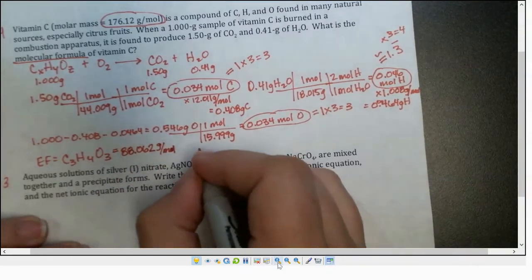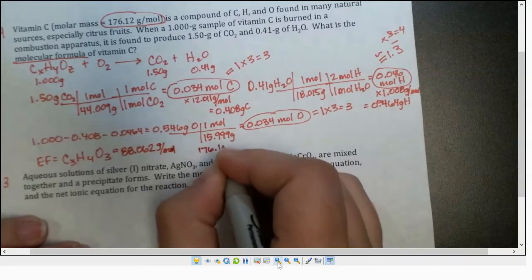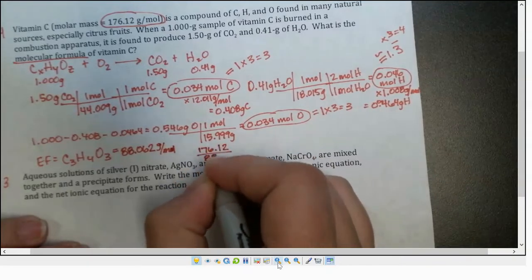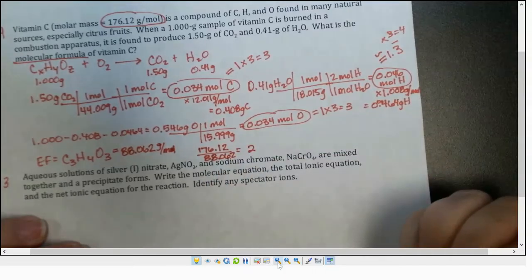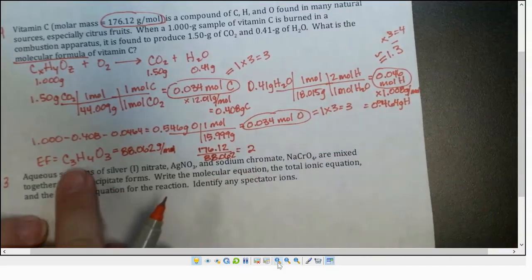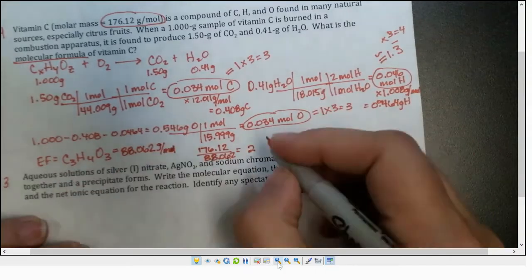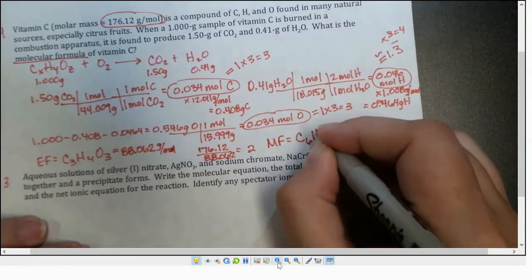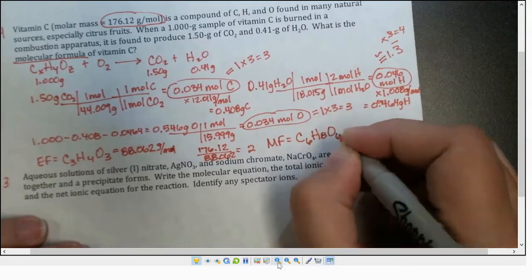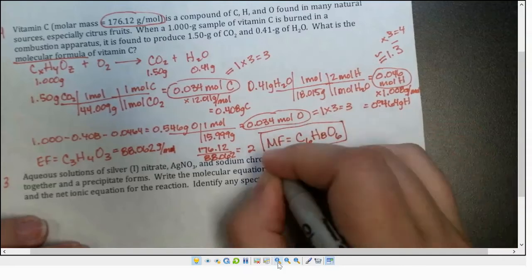And if I divide 176.12 by that 88.062, I get pretty darn close to a whole number of 2, which means the empirical formula had been reduced by a factor of 2. So the molecular formula for vitamin C should be C6H8O6, right there.